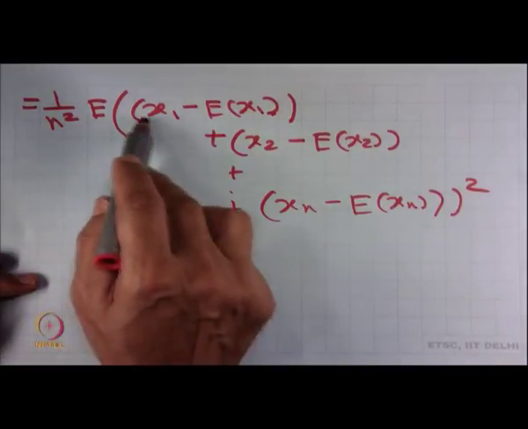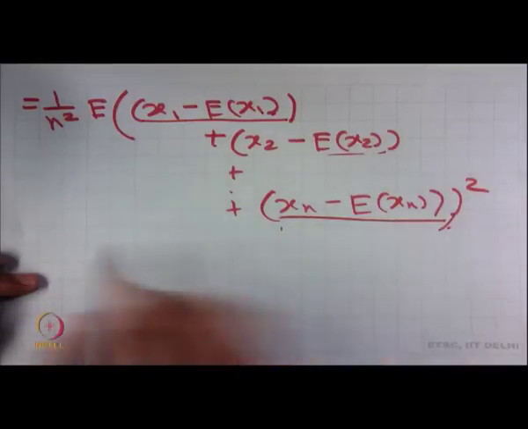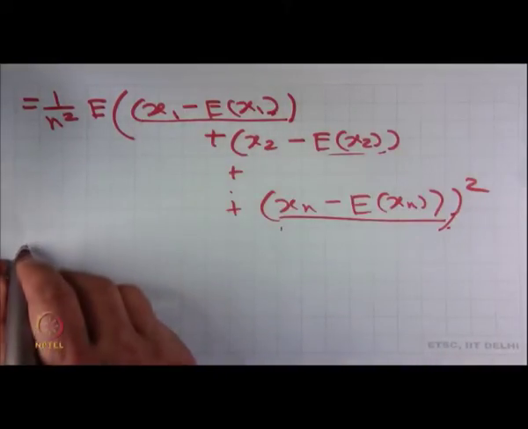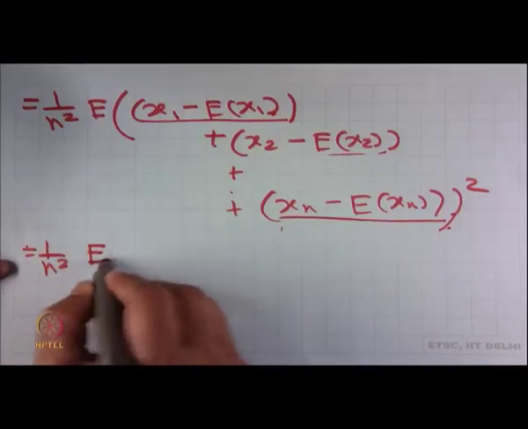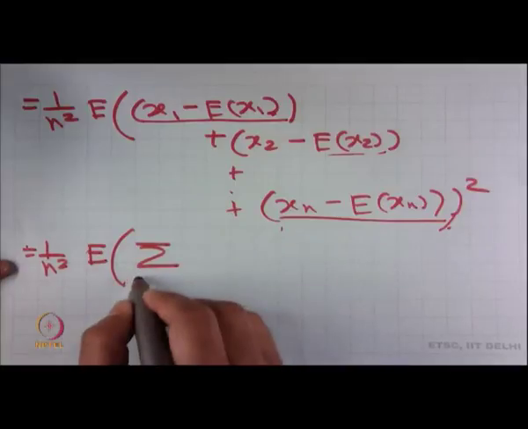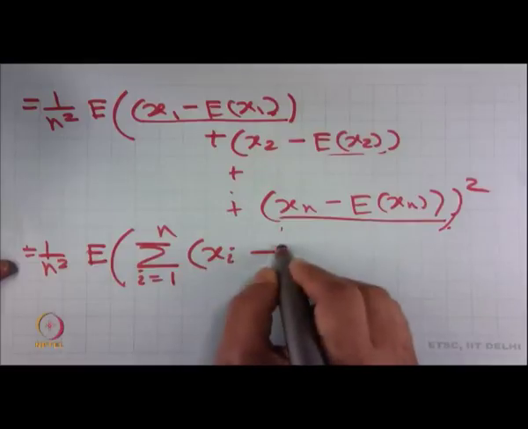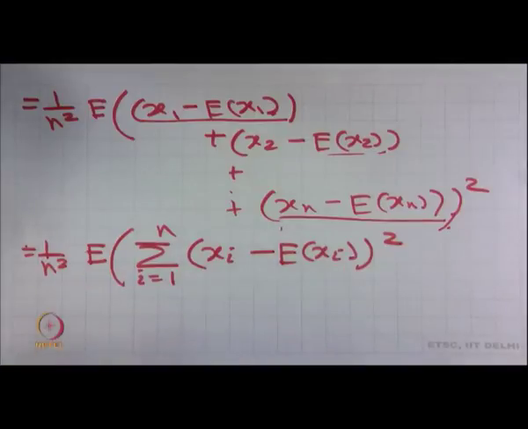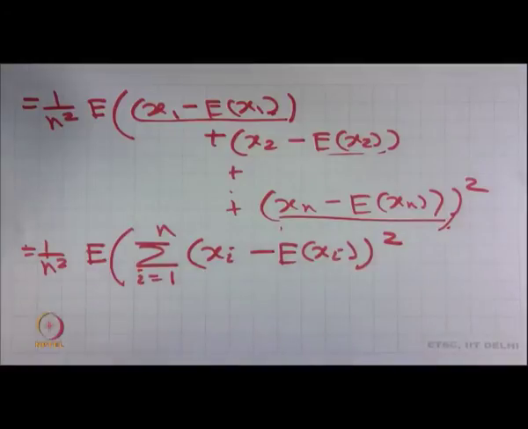So, it is n terms and the expectation of their square. This square of n terms can be written as its square plus this square plus this square up to xn minus E of xn whole square.